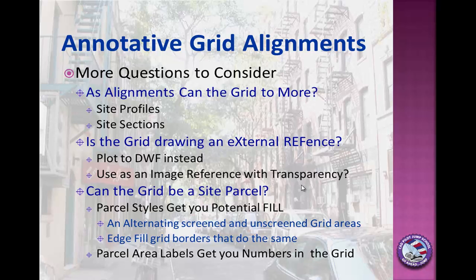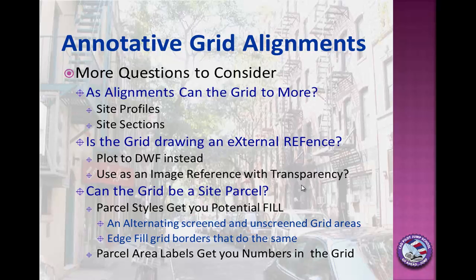The other thing to consider is the grid itself is now alignments which may become part of any site parcel. So given that all the intersections will generate areas and all that, and that parcel styles get you the option to fill the grid or fill the squares in the grid.